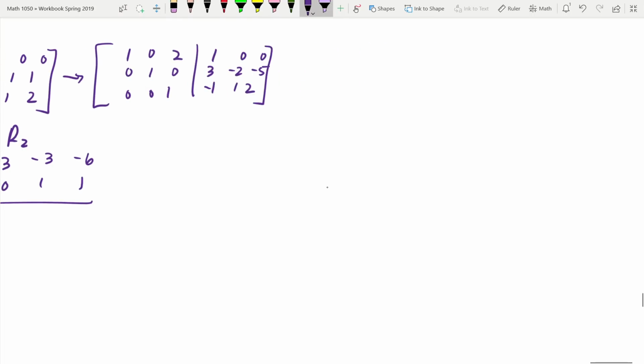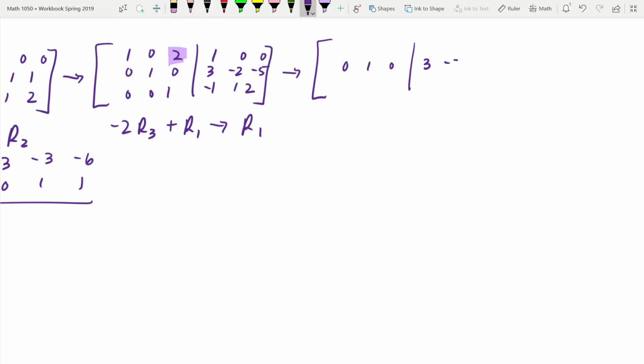The last thing I need is a 0 here. Use the 1. So I'm going to go -2 times row 3 added to row 1 becomes my new row 1. So row 2 doesn't change. Row 3 doesn't change. Distribute a -2 across the bottom. 0, 0, -2, 2, -2, -4.